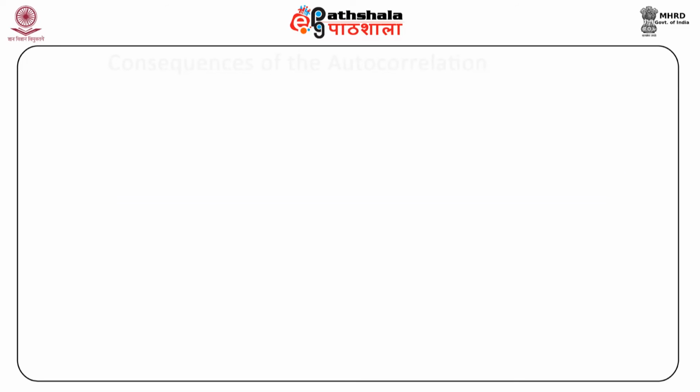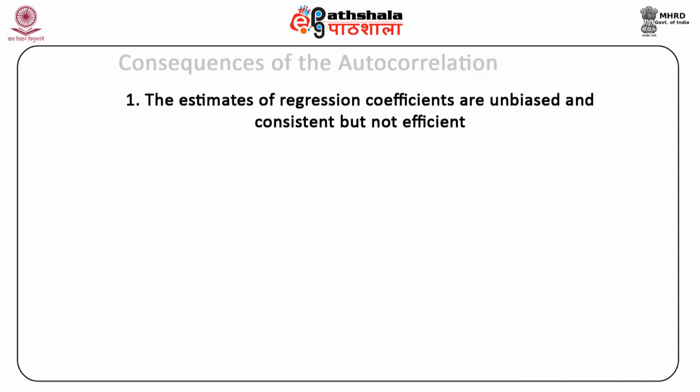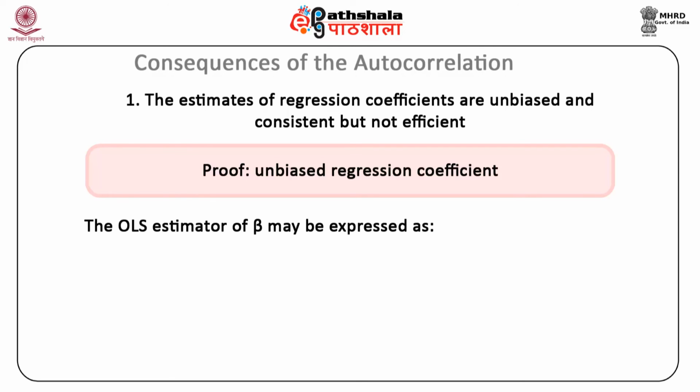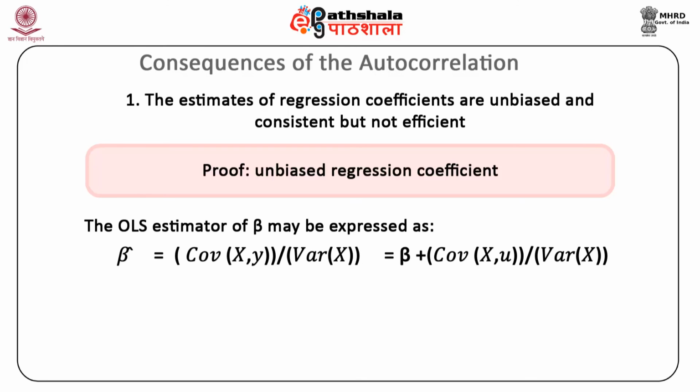Now we will study the different consequences of the autocorrelation on the regression coefficient. First, the estimates of regression coefficients are unbiased and consistent, but not efficient. Let us see the proof of unbiased regression coefficient. The OLS estimator of beta may be expressed as beta hat = covariance(x,y) upon variance of x.